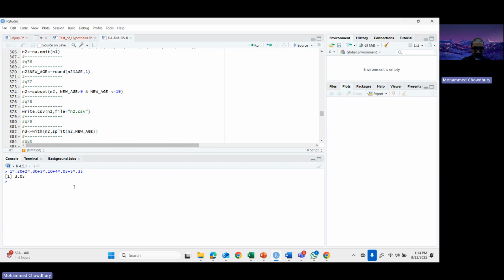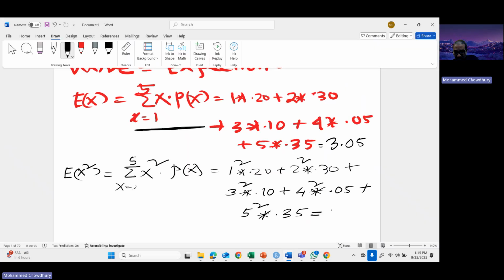For the expected value of x square, 1 square is 1, 2 square is 4, 3 square is 9, 4 square is 16, 5 square is 25. Then I got 11.85.